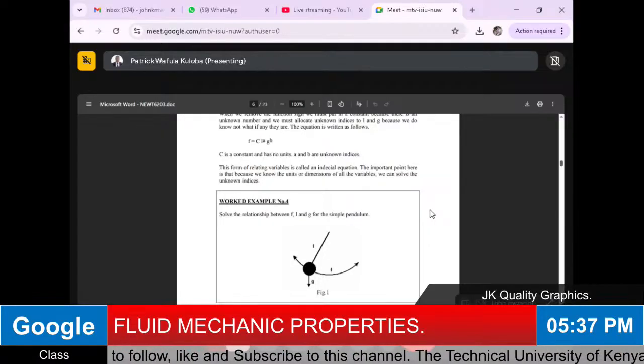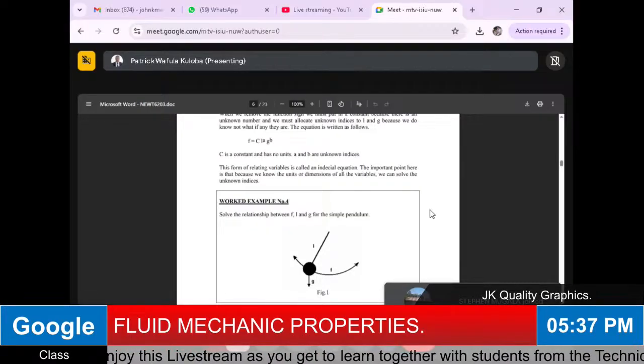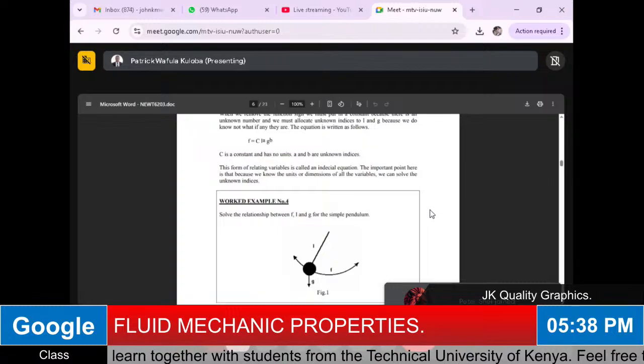So the frequency of swinging of the pendulum is a function of the length of the string, L, and acceleration due to gravity, G.